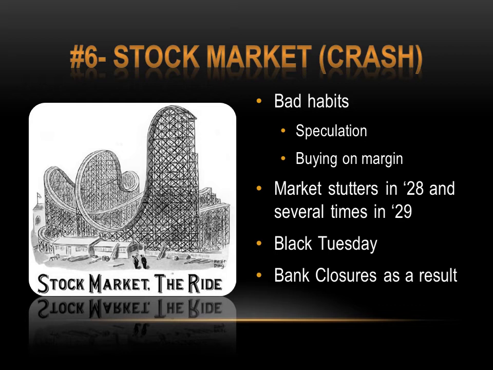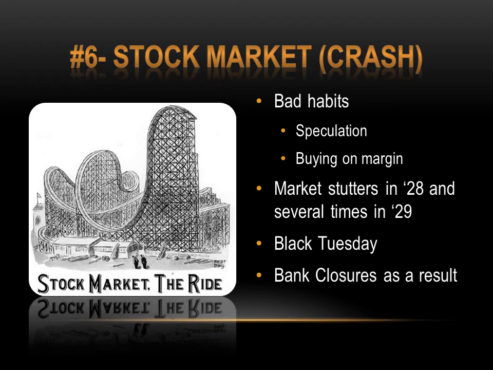So because of the natural state of things, the market begins to stutter a little bit in '28. That's not that shocking or surprising, given all the other things that are happening in the economy at this time. There's less disposable income. People are investing less because the economy is probably going to hit a little bit of a downswing. And so it stutters a little bit in '28, and several times throughout 1929, all the signs saying that the economy was about to be in a downturn were there.